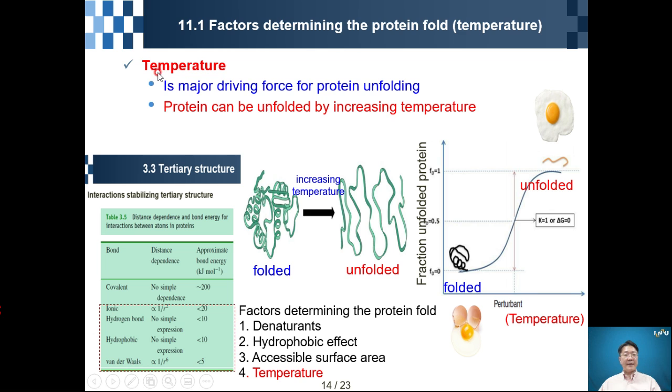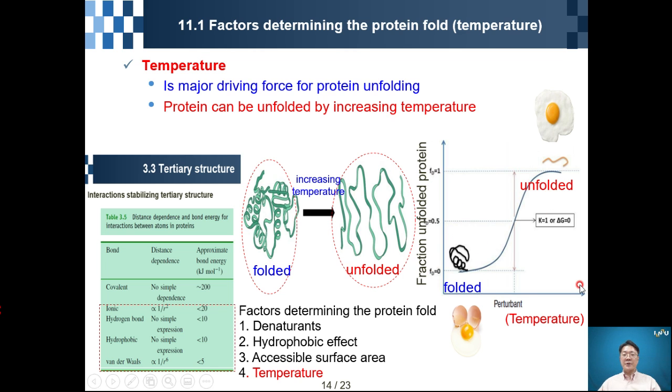Also, temperature is a major driving force for protein unfolding. So this is a folded protein, and when we increase the temperature, proteins become unfolded. This graph shows the x-axis as the perturbant, especially temperature, and the y-axis as the fraction of unfolded protein. FD 0 means that all of the protein is folded, and FD 1 means that all of the protein is unfolded.